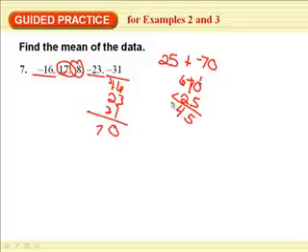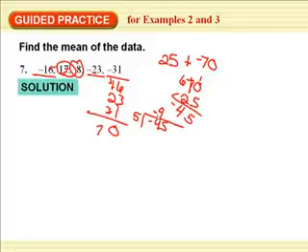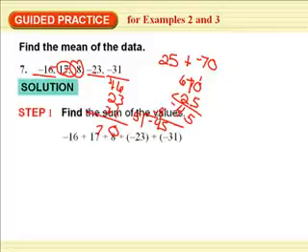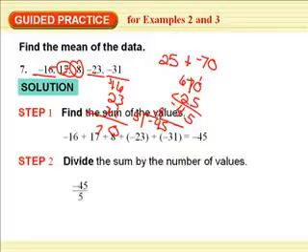So negative 45, divided by, how many numbers? 1, 2, 3, 4, 5. Negative 9 is the average.